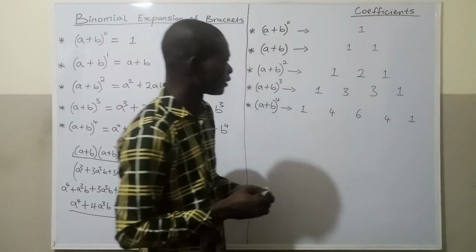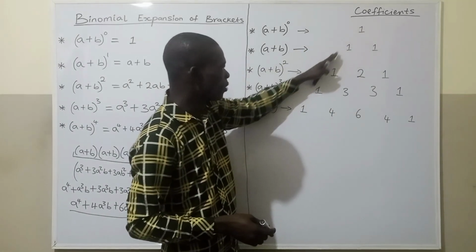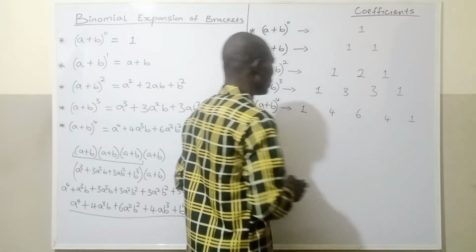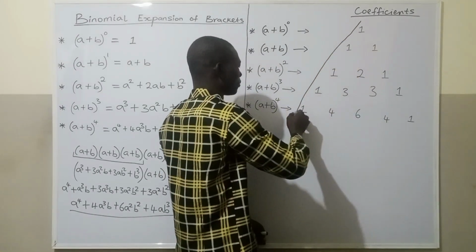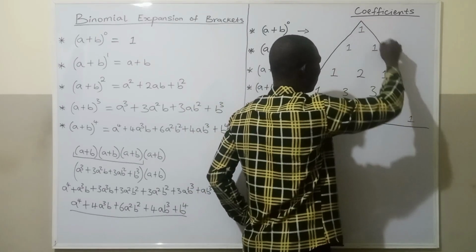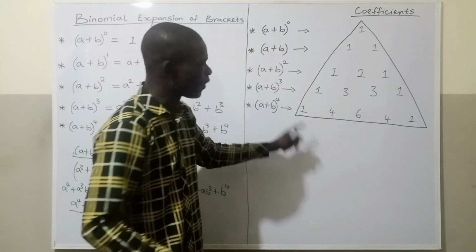Now, if you look at this pattern that is coming up, what do we call it? A triangular pattern. If I draw the triangle around it, it looks something like this. A triangular pattern. Now, this order can go on and on.